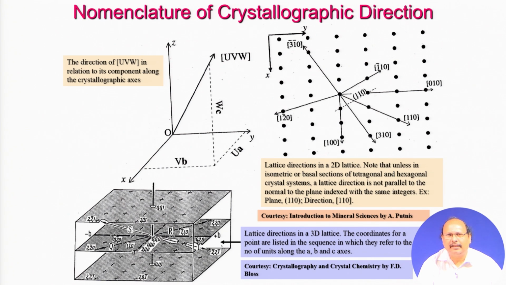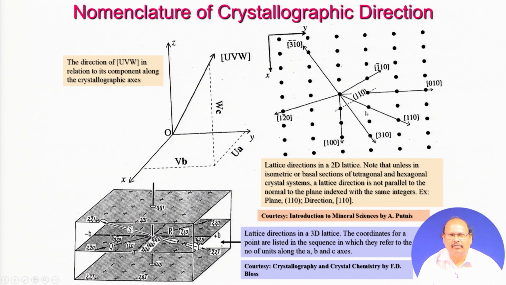This is very important: except for the basal section of tetragonal and hexagonal, and unless this is in the isometric crystal system, this particular lattice direction is not parallel to the normal to the plane indexed with the same integers. Say for example, the plane is 1 1 0, the direction is 1 1 0.